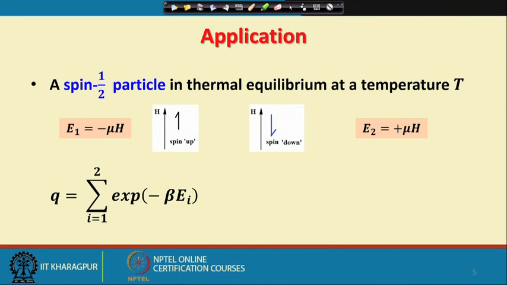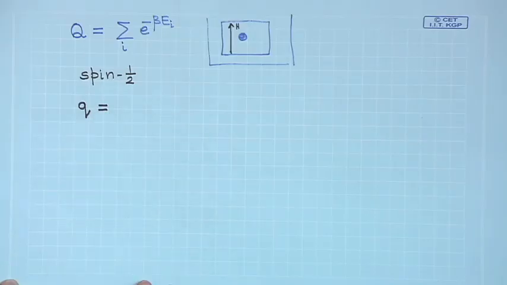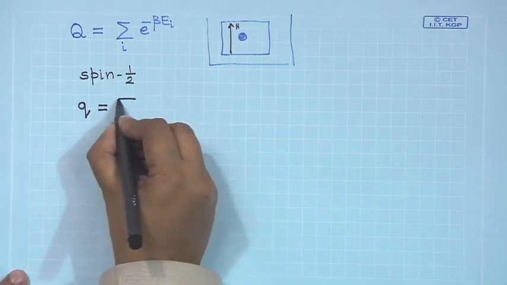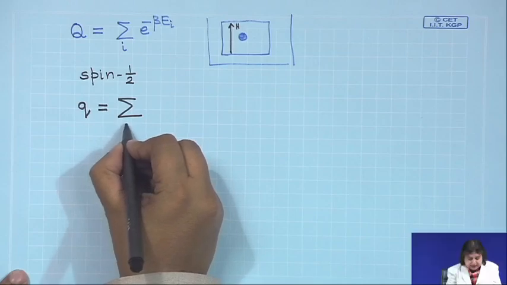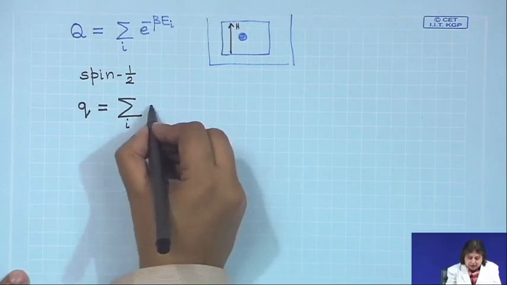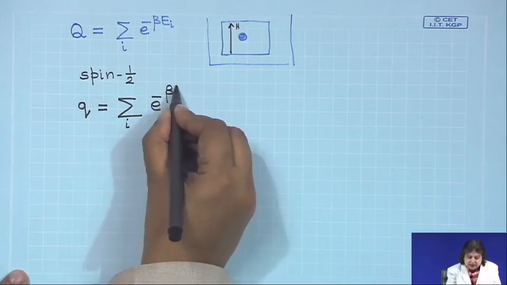Since it is a single particle system, I am going to use small q as the representation of the canonical partition function for the single particle, and by definition this is once again the summation over i of e to the power of minus beta E i.